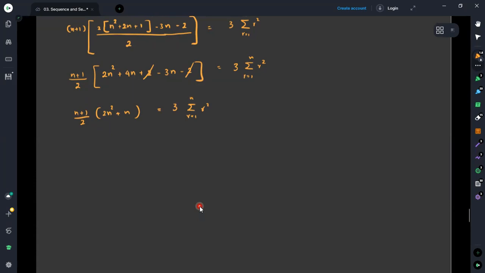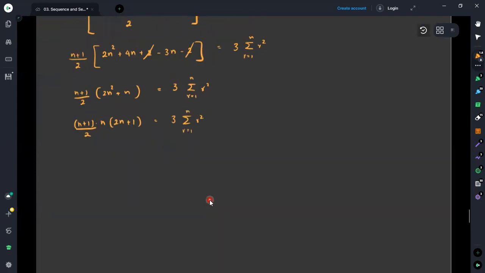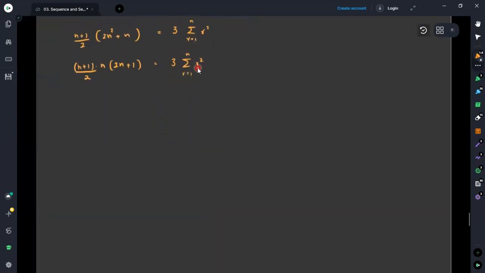Here we can take n out of the bracket. Then we'll get n plus 1 times n times 2n plus 1 is equal to the summation of r squared, where r is going from 1 to n. Since we need to obtain a quantity for the summation of r squared, we have to divide both sides by 3.